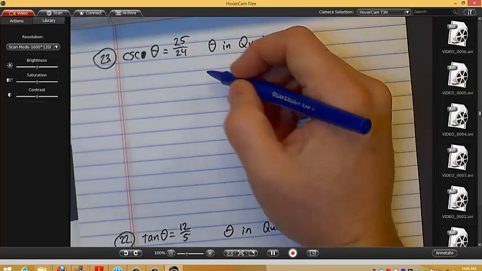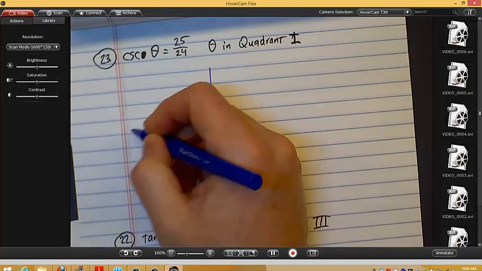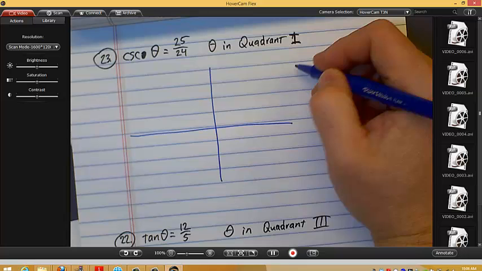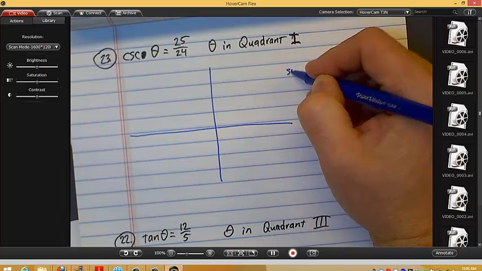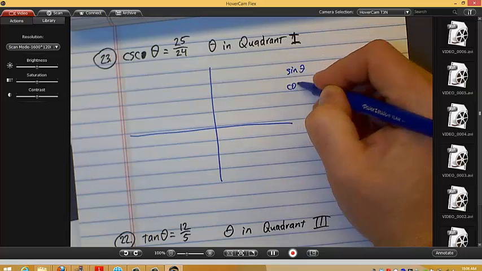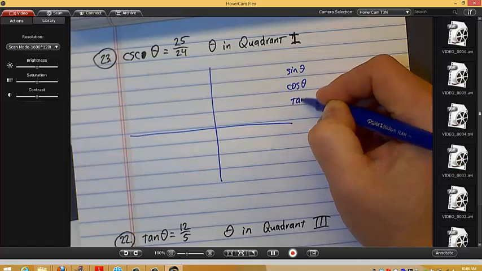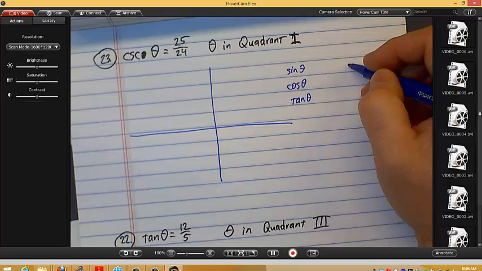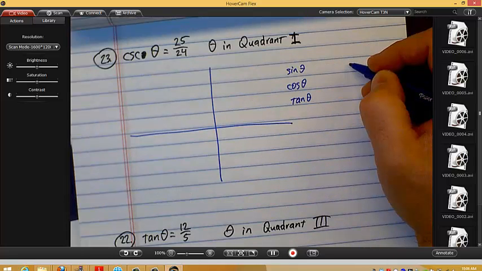Now I know that theta's in quadrant 1, right? And what do we have to do? We have to find 6 trig functions: sine, cosine, tangent, and then what's the reciprocal of sine? Cosecant.